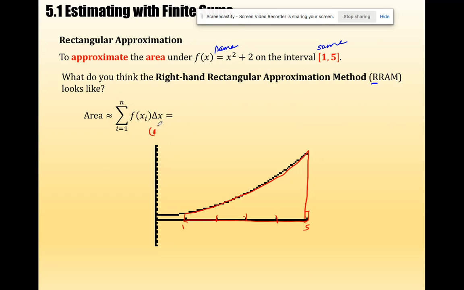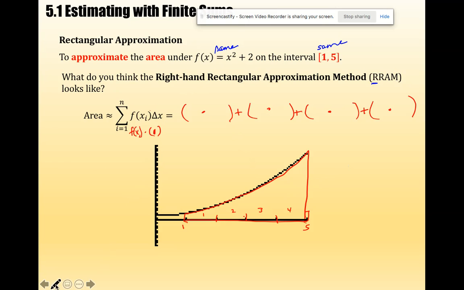So I'm going to be multiplying everybody by 1. And then I'm going to get my different function heights. That little subscript i just means the different ones. And then I'm going to multiply them together and add. So I'm going to make 1, 2, 3, 4 rectangles. And I am going to sum a bunch of products.